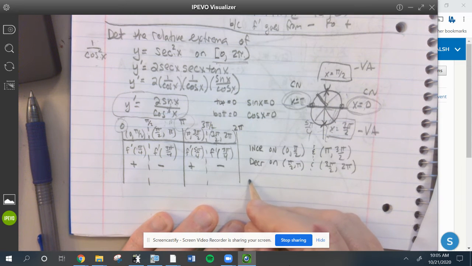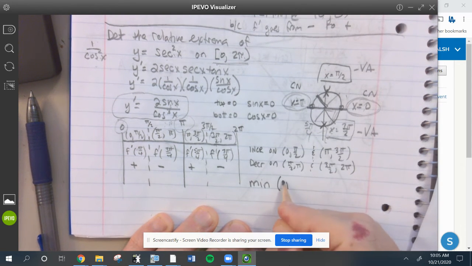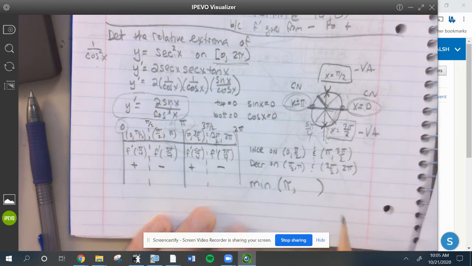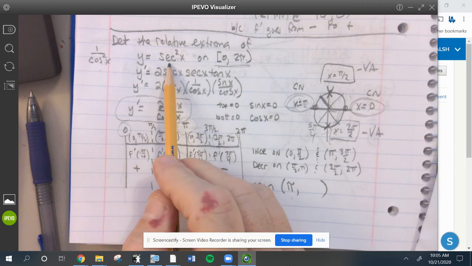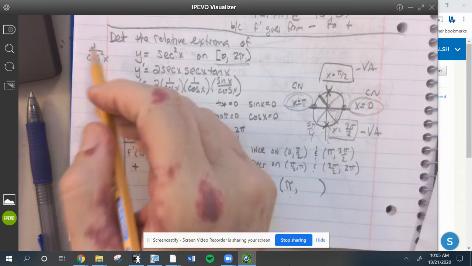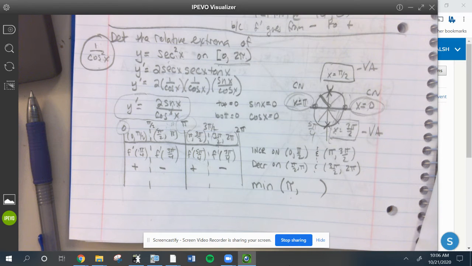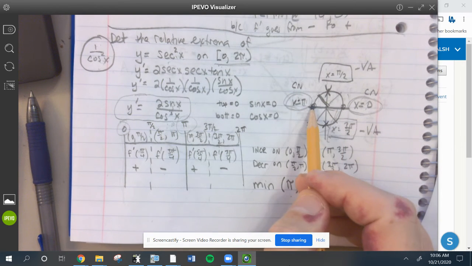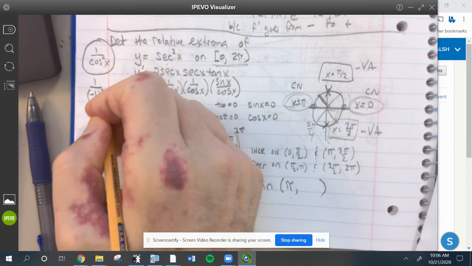That means we have a minimum at pi. Now we have to plug pi into the original function, which is secant squared, 1 over cosine squared. When you plug in pi, cosine is negative 1. So this is 1 over negative 1 squared, which is 1.